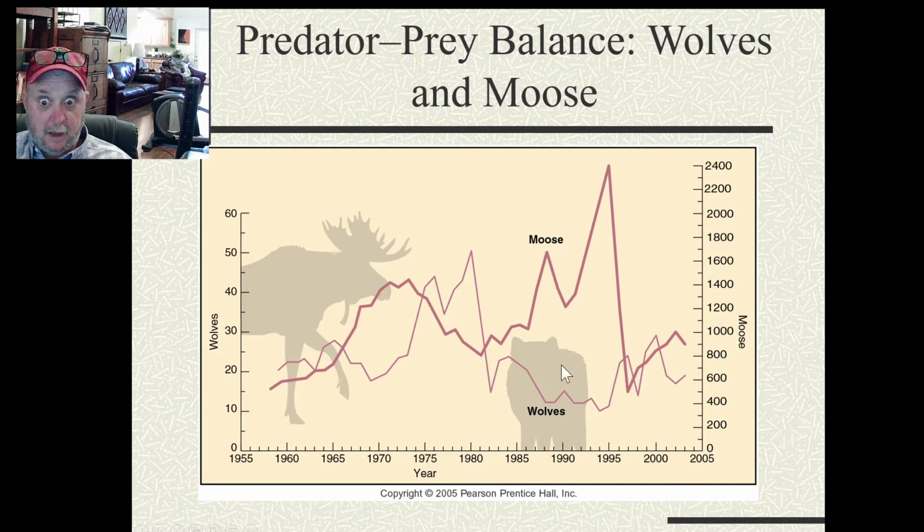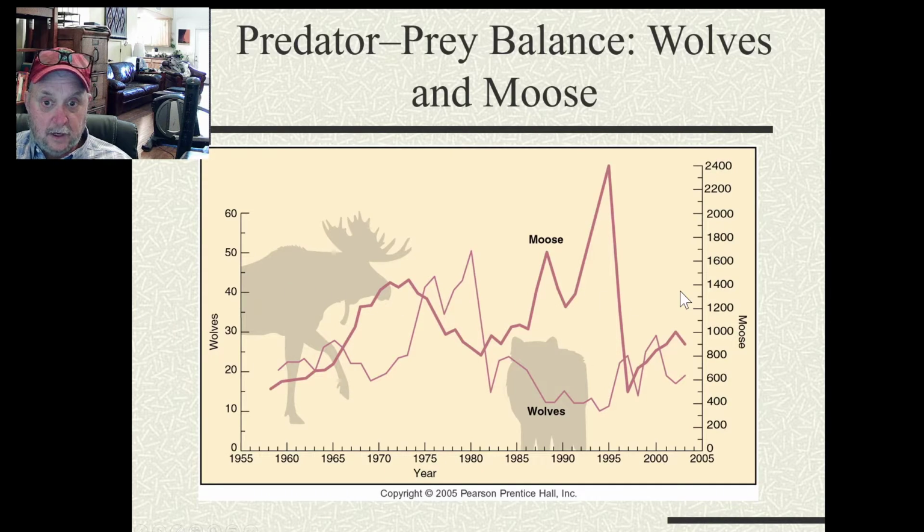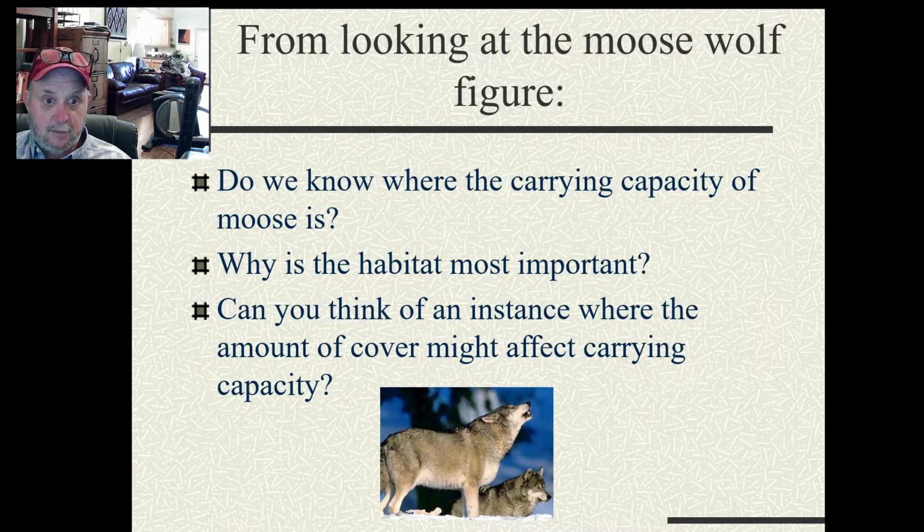The moose went way up, and the wolves did not follow them to keep them from going over carrying capacity, which is why you had this big crash here. That's the real world. Sometimes there are things like diseases and everything else that make models and theories not always work. So do we know where the carrying capacity of moose is? Not really. I assume it's somewhere in here, but we don't know. That would take more time.